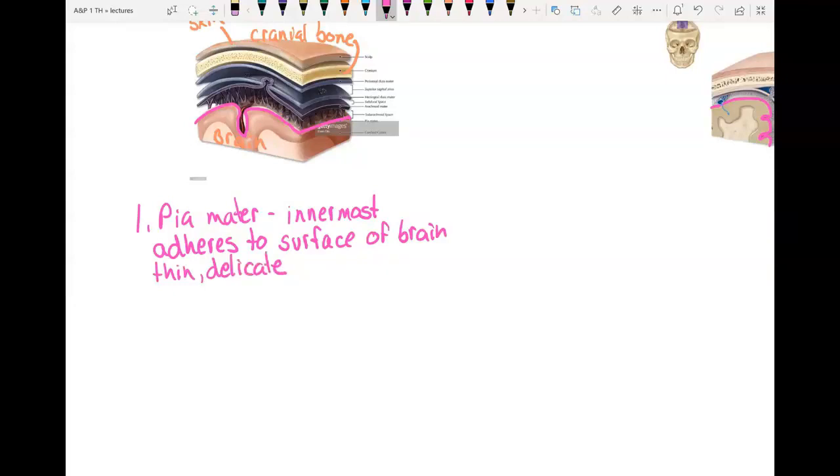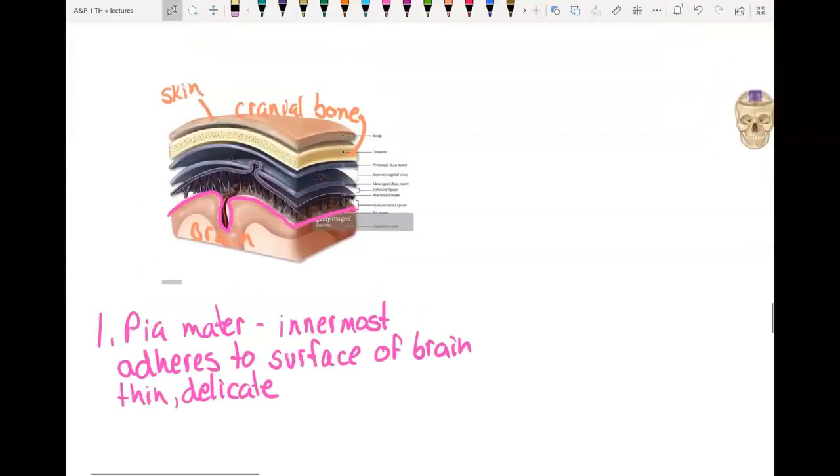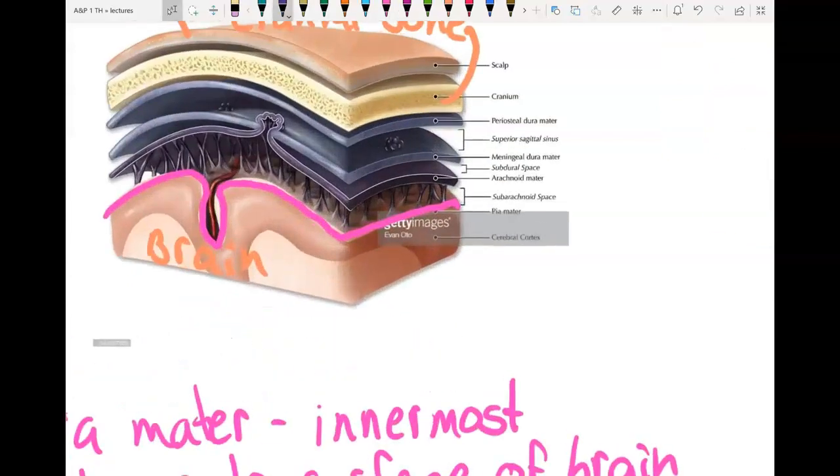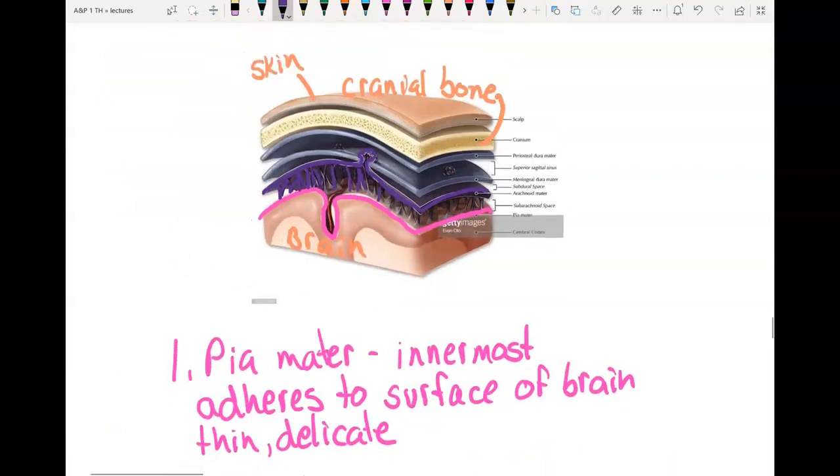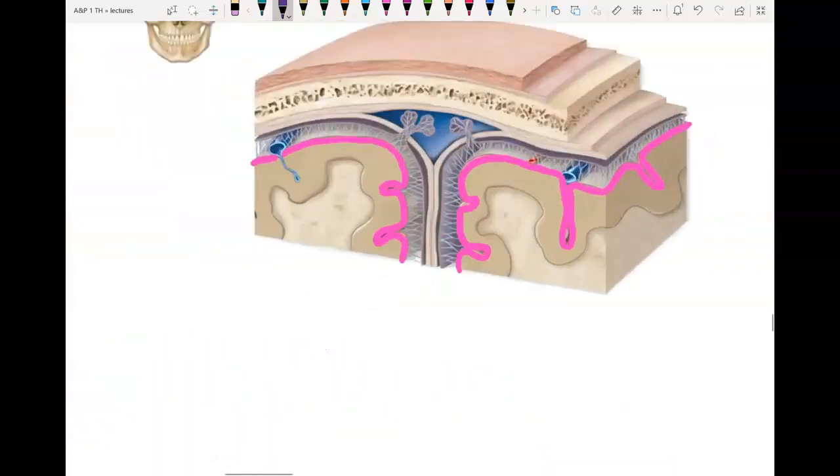Then the next one is the arachnoid mater. So it is right here. And then it has this thing here. It kind of looks like a little tree or like cauliflower. It goes on, and it has all these stilts underneath of it. You look at it in this picture.